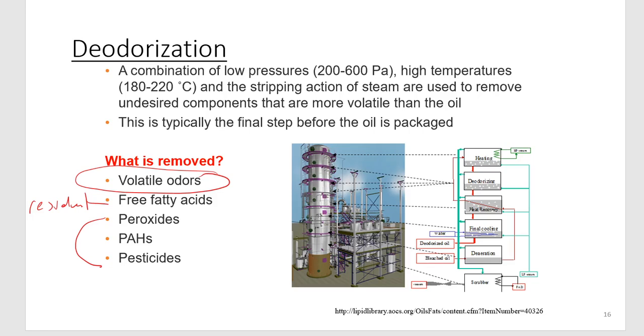The free fatty acids will be removed also, because their evaporation temperature is lower than triglycerides, and we want to keep the triglycerides and remove free fatty acids. But this deodorization step might have some side effects, because this process requires very high temperatures. Let's see the side effects of deodorization.